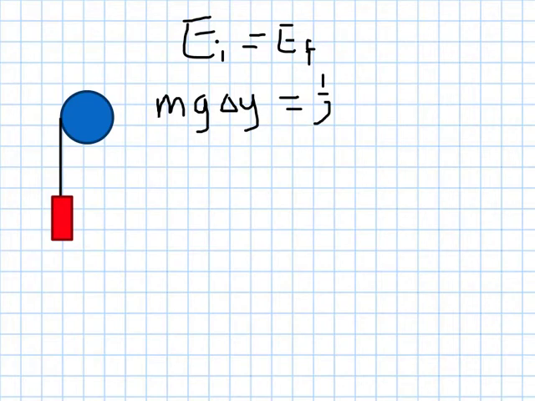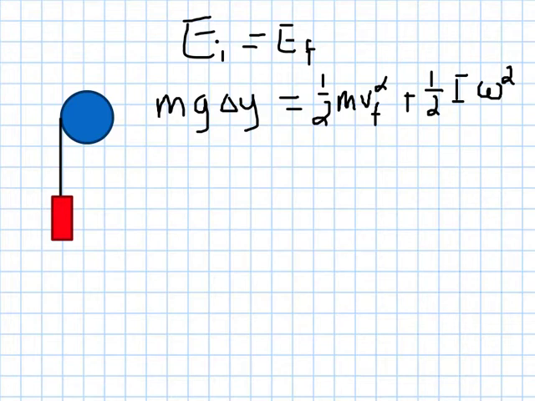So we'd write that as 1/2 times the hanging mass times its final speed squared, plus rotational kinetic energy for the pulley. We write that as 1/2 I, that's moment of inertia of the pulley, times omega squared, and that's rotational speed.